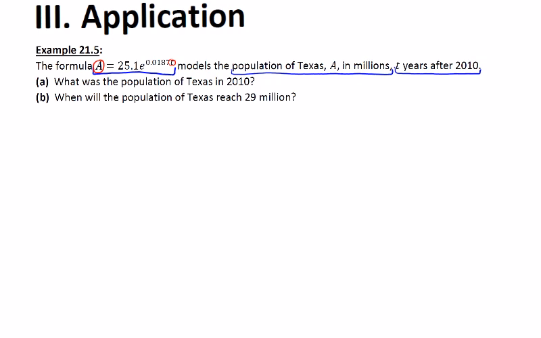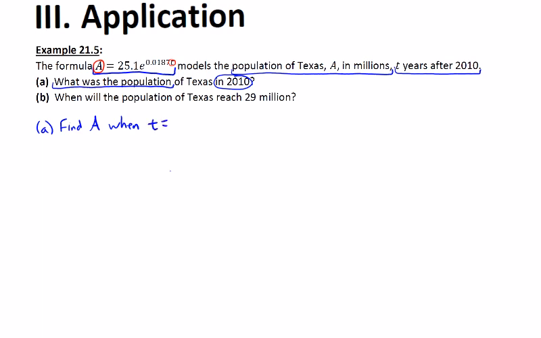So let's look at part A. It says, what is the population of Texas in 2010? So when it says, what's the population, that means find a value of A. But we have to find A specifically when T is equal to something.